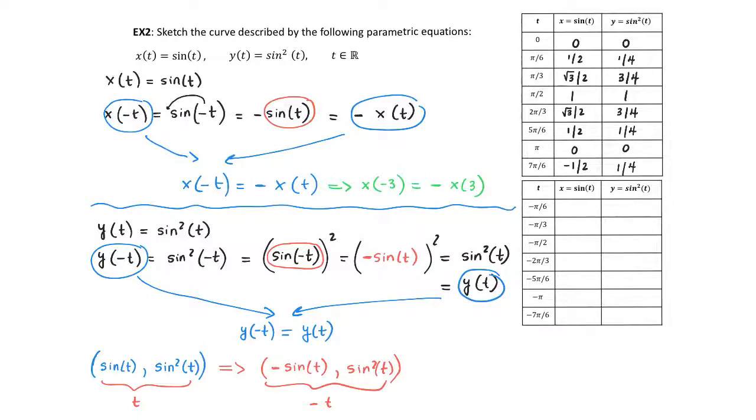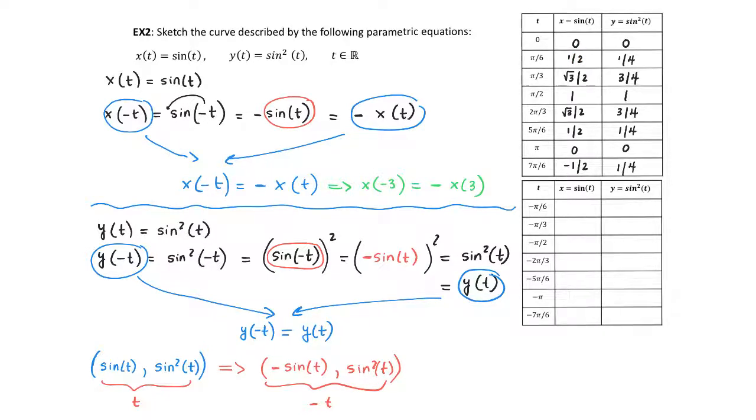Pi over 6, let's do the first one. I skipped 0 here in the bottom because then nothing would change. So let me start with negative pi over 6. I will compare that to pi over 6. So I know that for negative pi over 6, the x is going to be the opposite of what I have here.